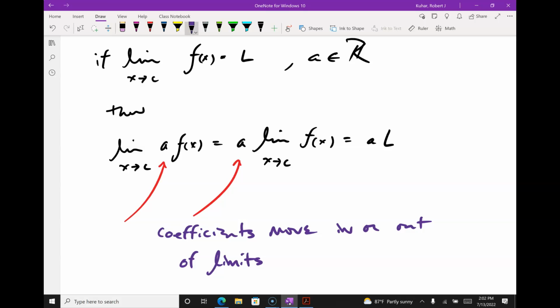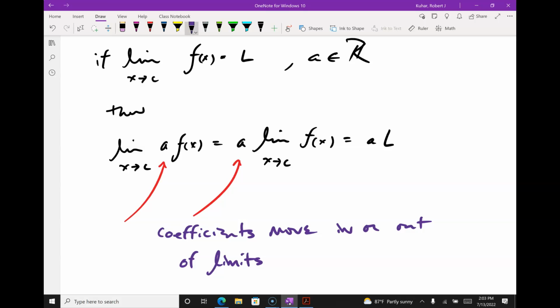Of course, because the limit is dependent upon what? What's in control here of this limit? X. X is in control. I'm moving the X closer and closer to C to find out what's happening to my function.